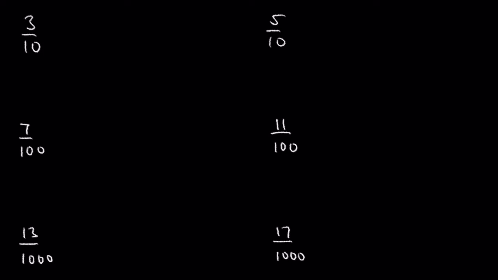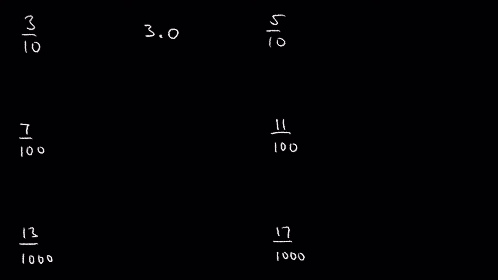A 10 in the denominator is the same as dividing by 10, which in turn means that you shift the decimal point from the numerator one place to the left. But where do we find the decimal point for a whole number like 3? You can think of a decimal point right after the 3, because 3 is equivalent to 3.0.